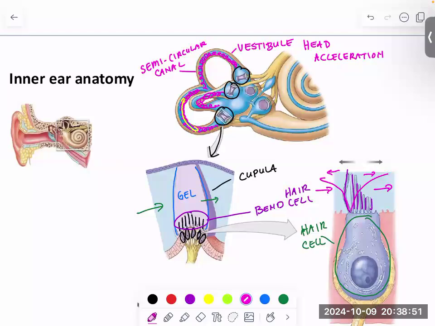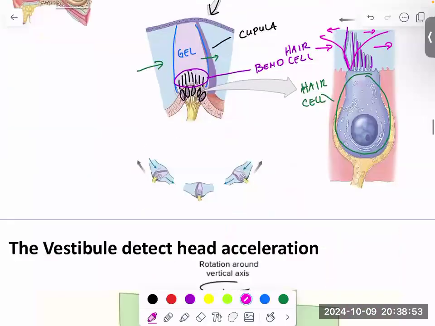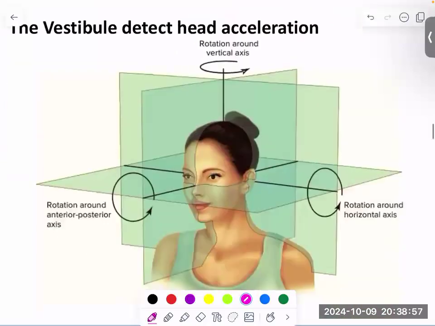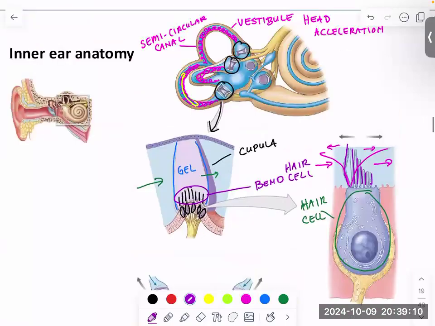So this detects head acceleration. That is what the vestibule detects. The vestibule is technically the cupula and the semicircular canals.